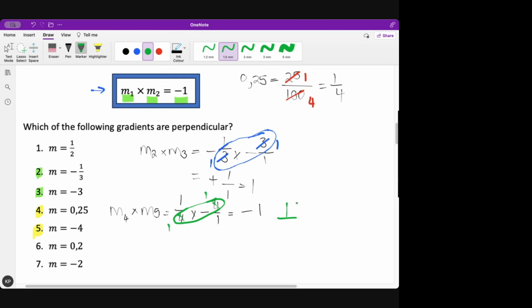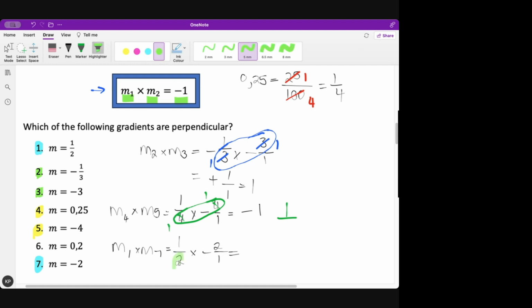Great. And then there's one other pair that I've seen someone type in the chat. I think it was Sinyani. Yes, it was Sinyani. Sinyani told us that gradient 1 is also perpendicular to gradient 7, because let's see, m of 1 times m of 7. Okay, I have a positive and I have a negative, so the symbol part is sorted, right? And then my denominator, which is 2, is the same as the numerator for the other one.